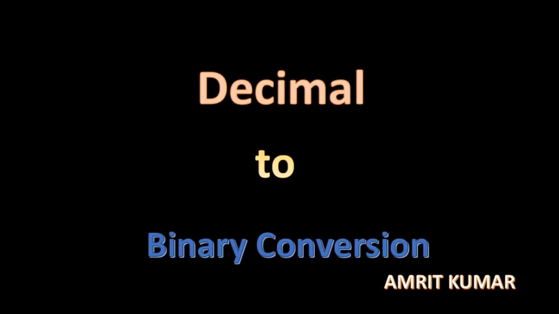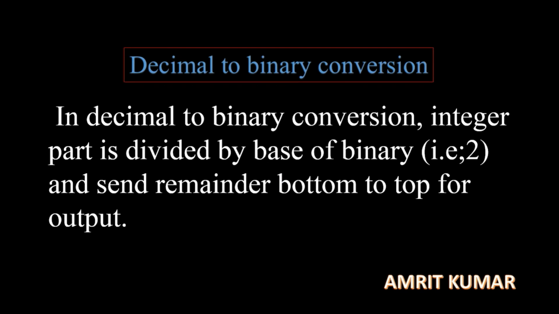Decimal to binary conversion. In decimal to binary conversion, the integer part is divided by the base of binary. If you want to convert decimal to binary, you must think about the integer part being divided by the base of binary, and we know the base of binary is 2.